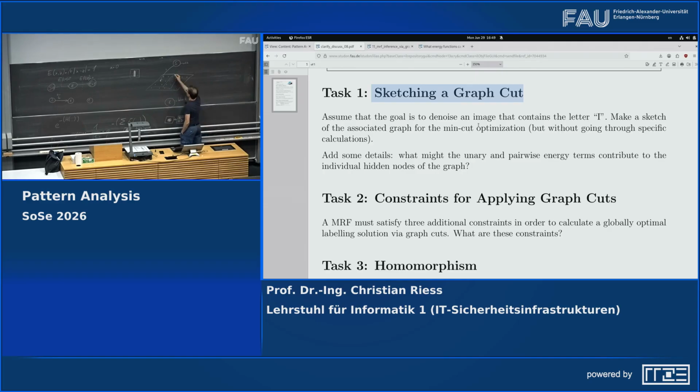And all white pixels would get a link here with cost 4 for the unary potentials. For all black pixels, the reverse argument holds. So a black pixel, if we think about the associated unary potential, okay, S is white.